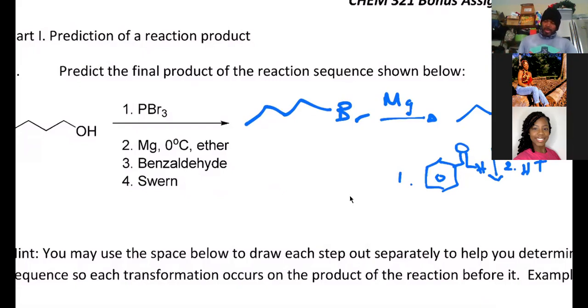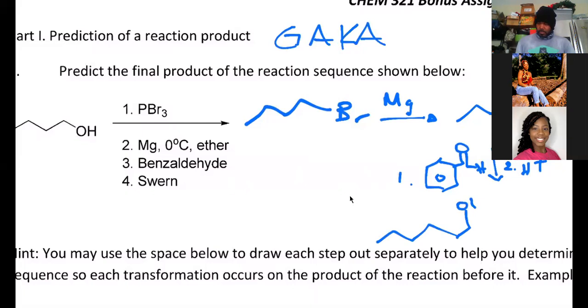Grignard plus an aldehyde or a ketone gives you a what? Alcohol, right? So we're going to get this alcohol, because obviously at the end of that reaction, you're going to have to get this carbon right here. Is that right? This is the carbon that's reacting now from the Grignard.